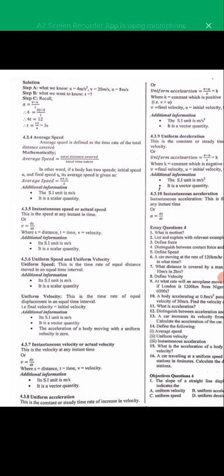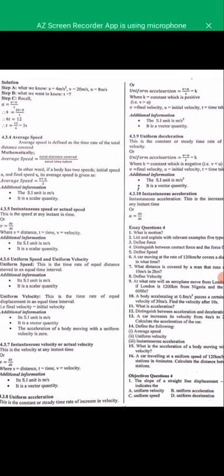Now, what is uniform speed? When something is uniform, we are saying the rate of increase in the distance and time are equal. That's uniformity, equality. The same thing with uniform acceleration: the rate of increase of the velocity of a body per time is also equal. Now, the same thing with uniform deceleration.